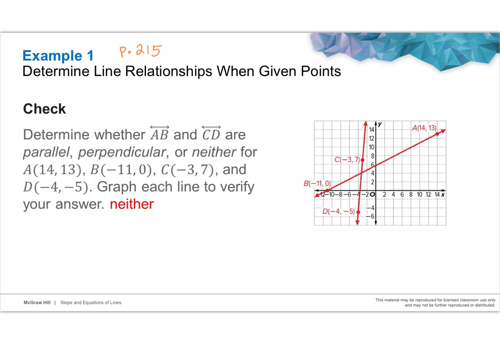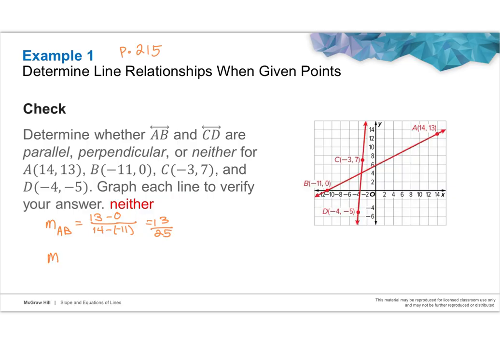The work that you would want to do to support a question like this would be first to find the slope of segment AB, or line AB, and that would be, notice how I'm labeling that with a little subscript, 13 minus 0 all over 14 minus -11. Between those two points, we can simplify that to 13 over 25 as the slope of AB.